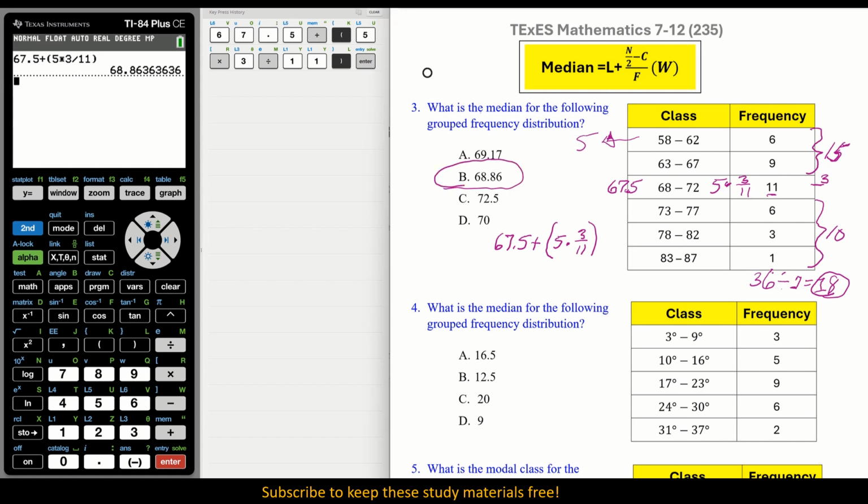Now, if you take a look at what I have, you can kind of see from my process that I have an L and I have an N. Let me change colors. This is an L. This over here, the 18 would be an N. And it kind of doesn't work out.